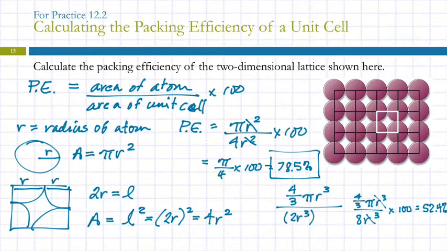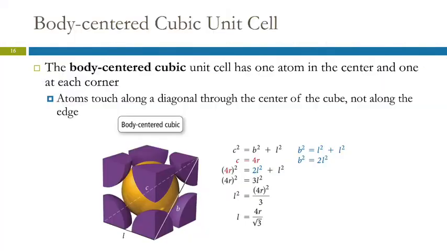Any other questions? That was the simple cubic. The body-centered cubic unit cell has 1 atom in the center and 1 atom at each corner of the cube. So this is where we've got different colors. This atom in the middle is the same as the atoms at the corners.